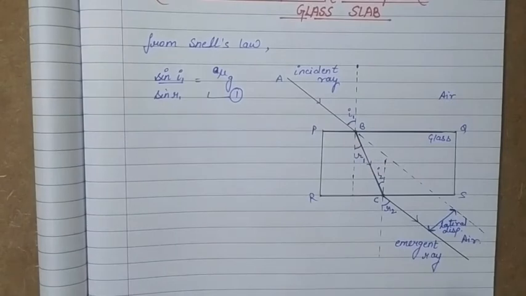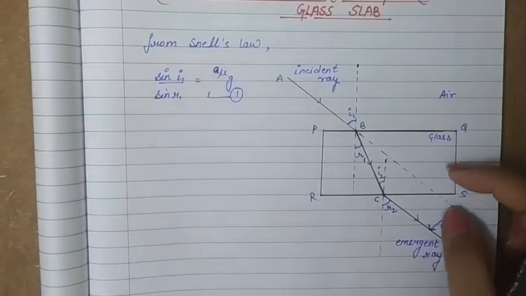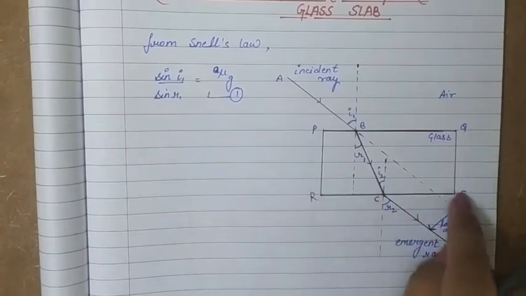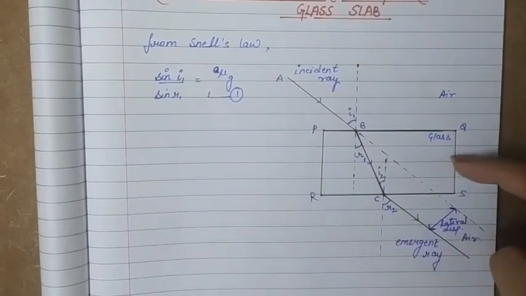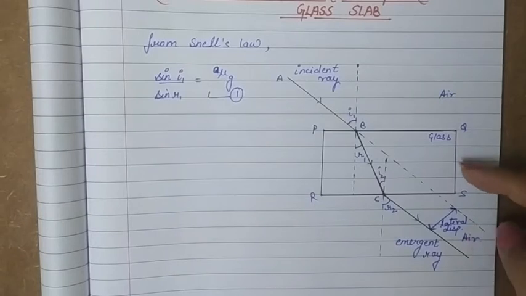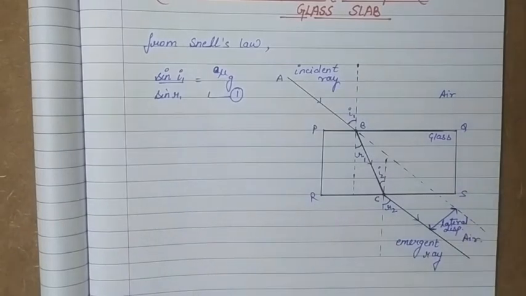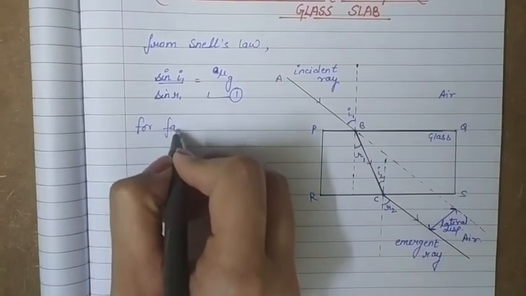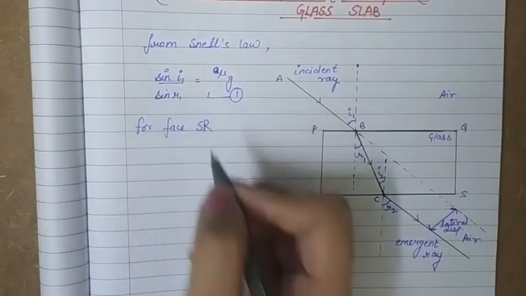Now for the second case, means for refraction at this face, for refraction at face SR, or for the glass-air system, means light rays moving from glass to air, or we can write it as for face SR or RS.